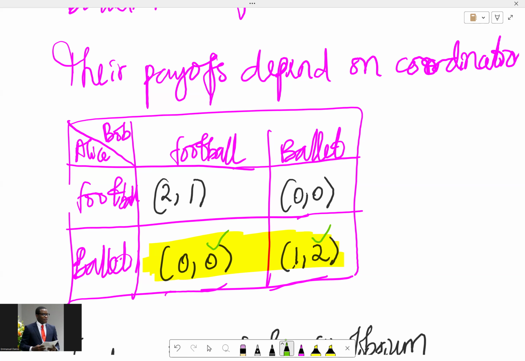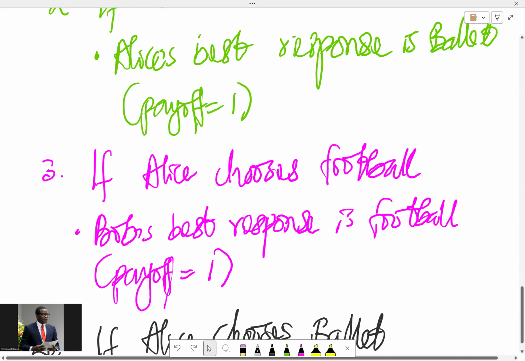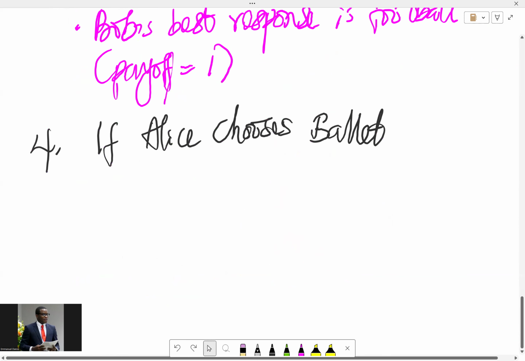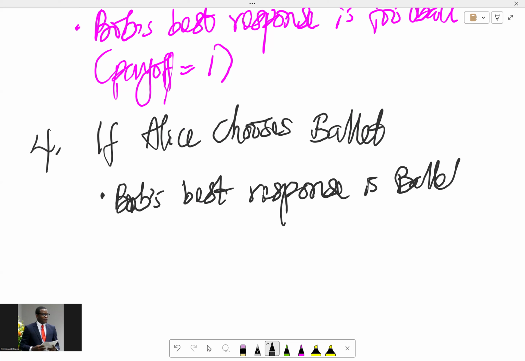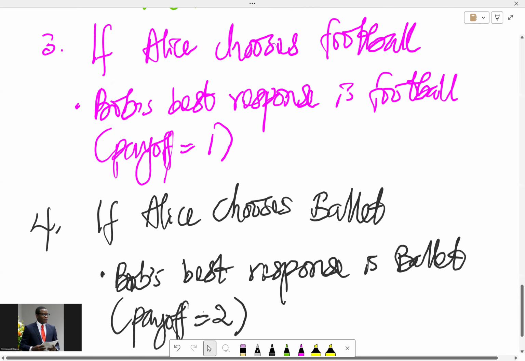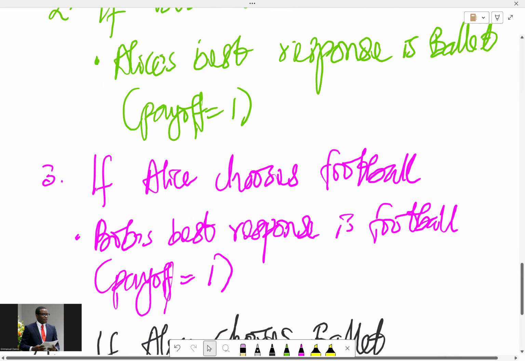So we'd rather go for 2 points, right? So in that case, if Alice chooses ballet, Bob's best response is ballet. And that gives a payoff, which is two. So we see that the Nash equilibrium is in two places now.